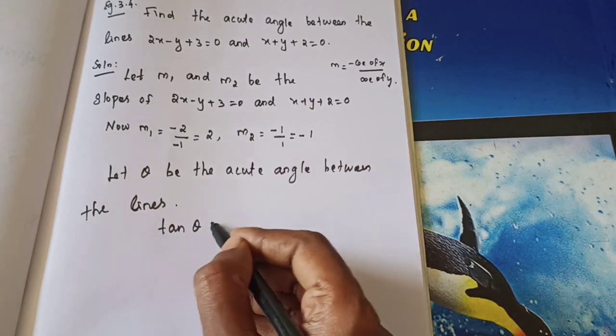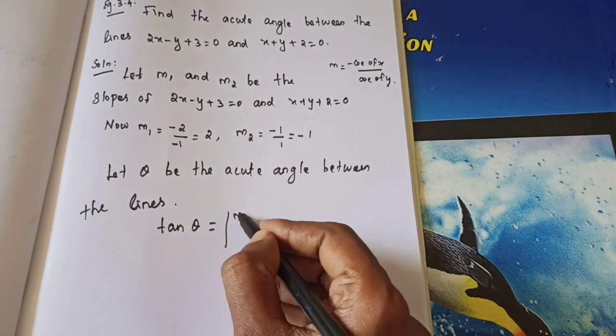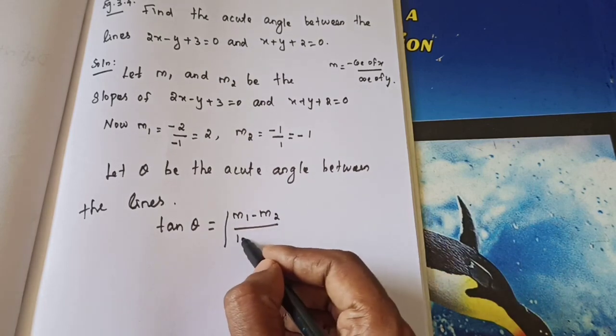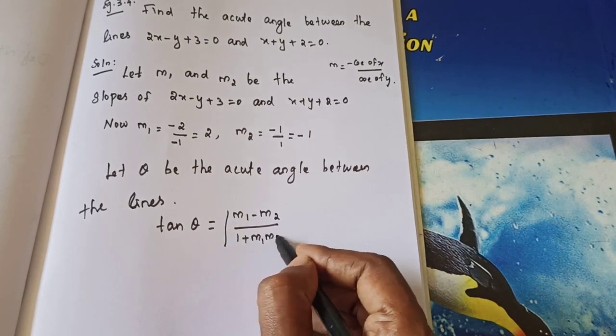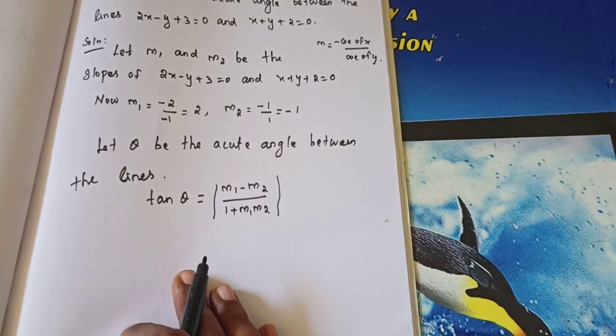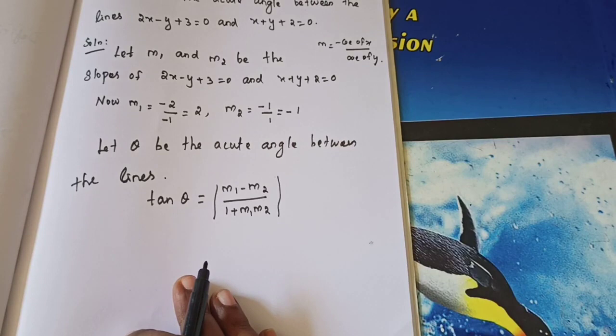I taught you in the last class: tan theta is equal to modulus of (m1 minus m2) divided by (1 plus m1 into m2). Please learn this formula by heart.